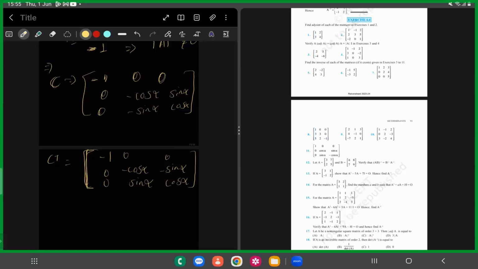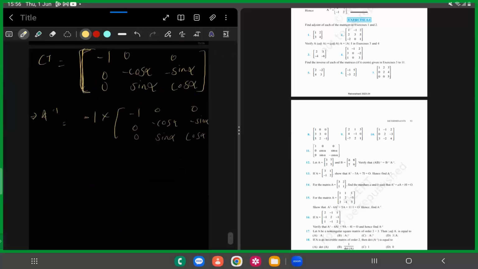If we multiply it by 1 by determinant of A, our final A inverse would be minus 1 into minus 1 0 0, 0 0 minus cos alpha sin alpha, minus sin alpha and cos alpha. So this is our final answer for A inverse.